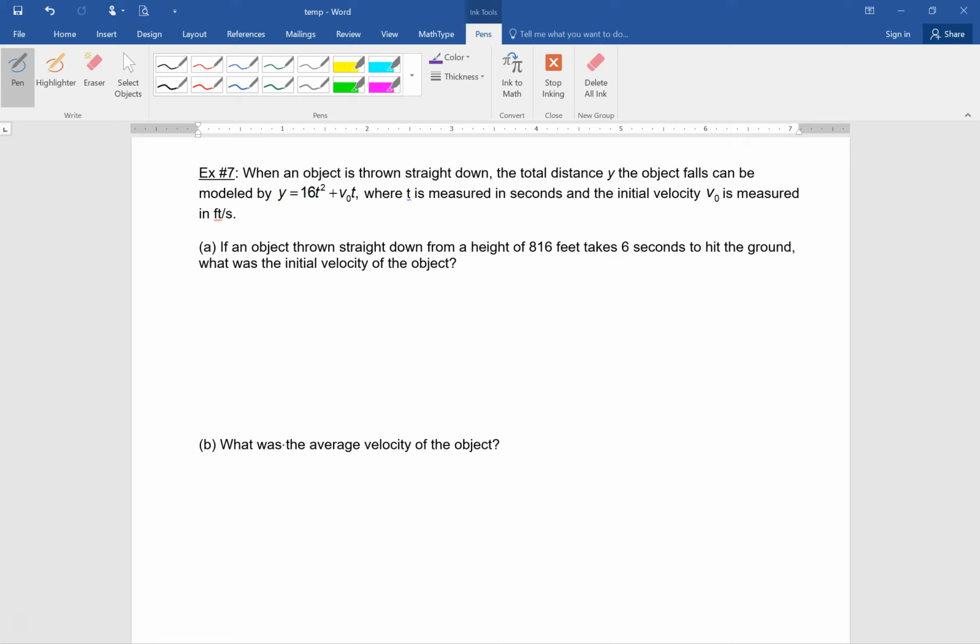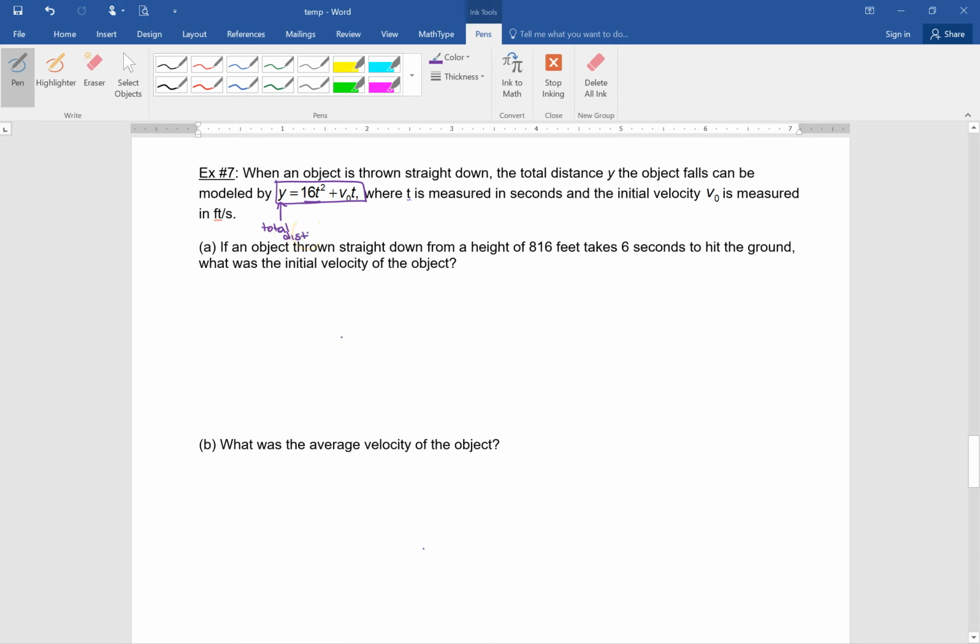An object is thrown straight down, and look, 16t squared. The total distance y the object falls can be modeled by this. So y is the total distance.